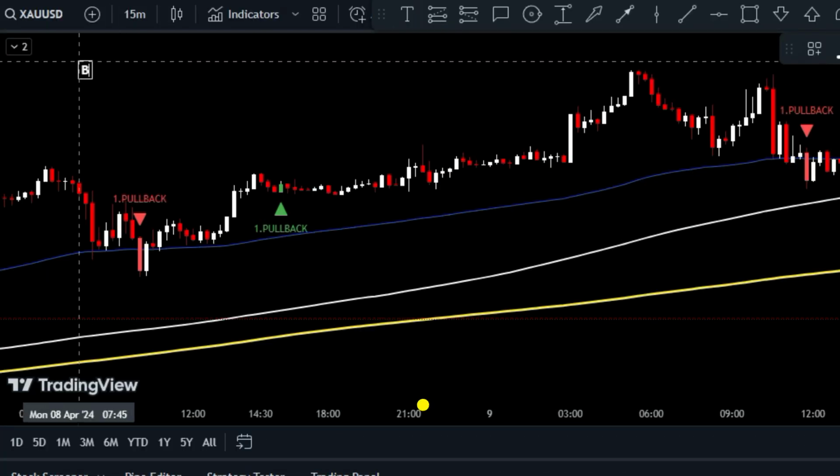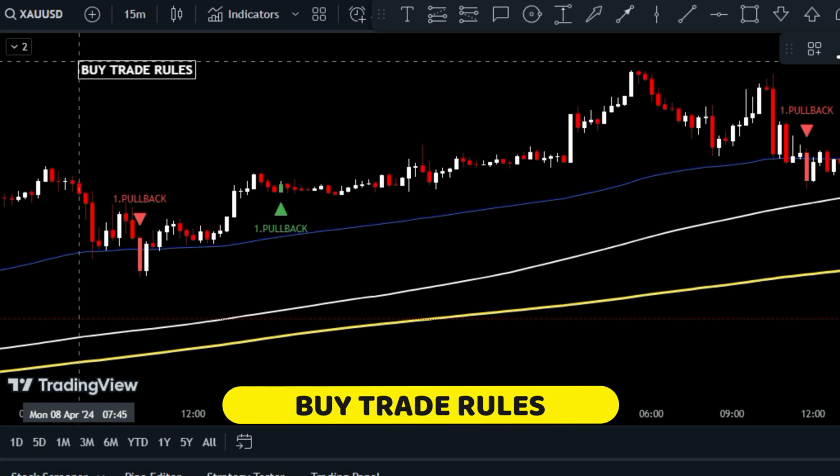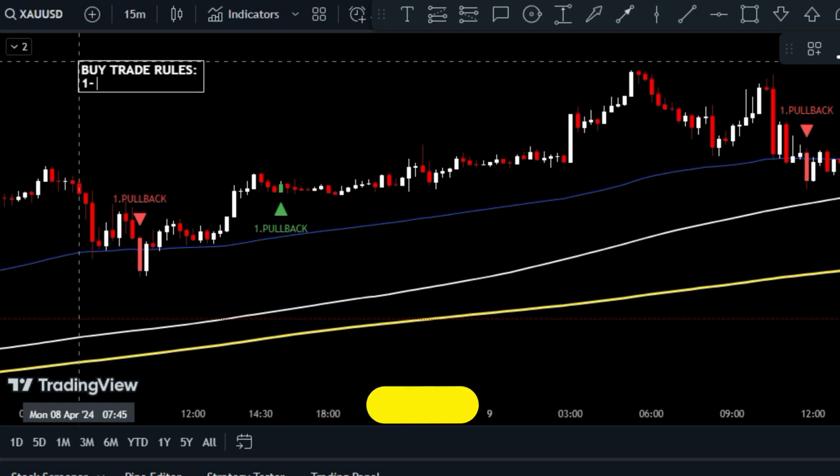Okay, let's chat about buy trade rules. First, you want to find an uptrend on the chart, making sure the 50, 200, and 300 lines are stacked in the right order with the price sitting above them.